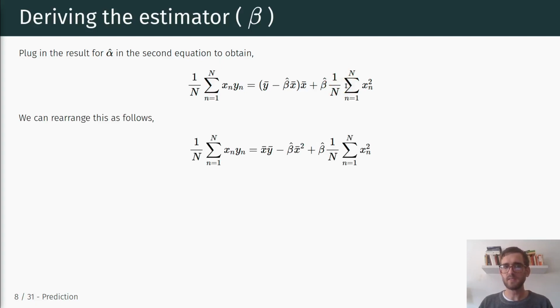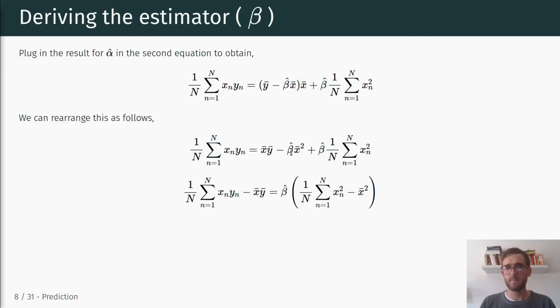Okay. Now we can rearrange this a little bit by first multiplying out this product. So this becomes x bar y bar minus beta hat x bar square. So this is x bar times x bar, and the rest stays the same for now. And then the next thing we can do is move this x bar y bar to the other side.